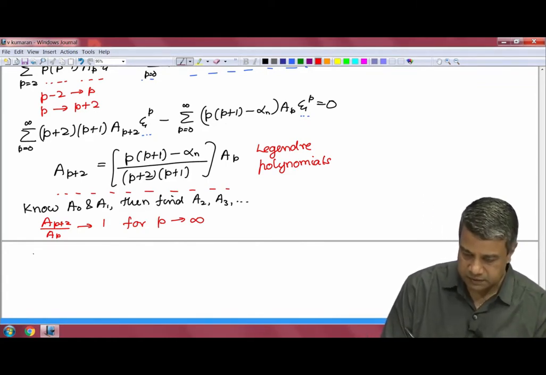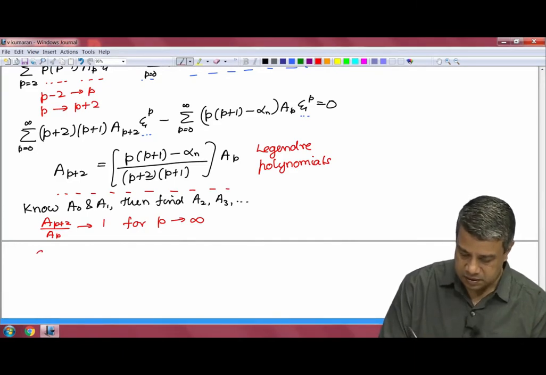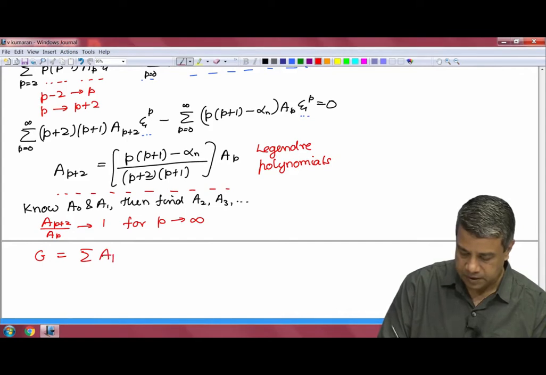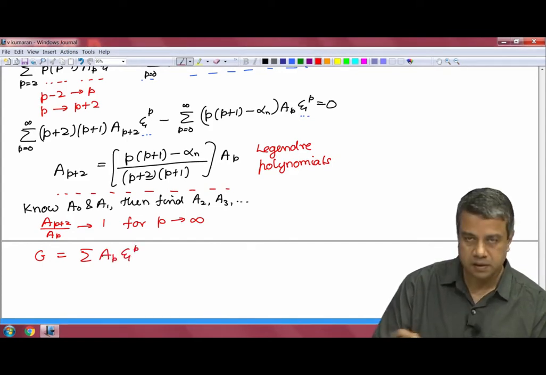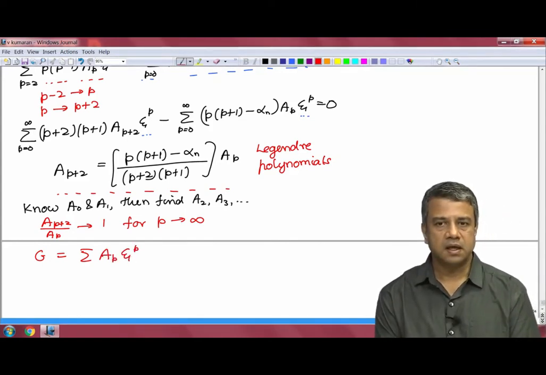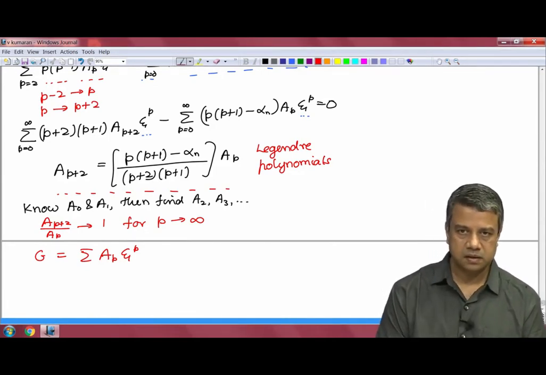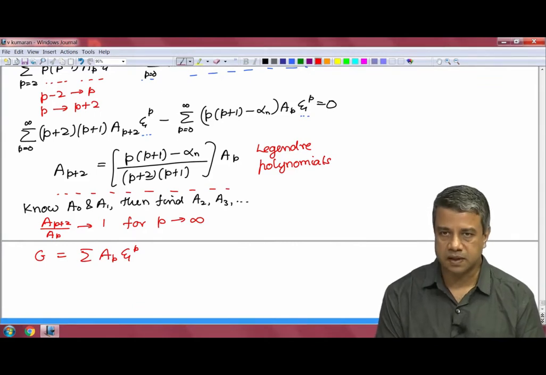And I have this series, which was g is equal to summation of a p psi power p. I have the series, and the ratio of successive coefficients is 1 in the limit as p goes to infinity.